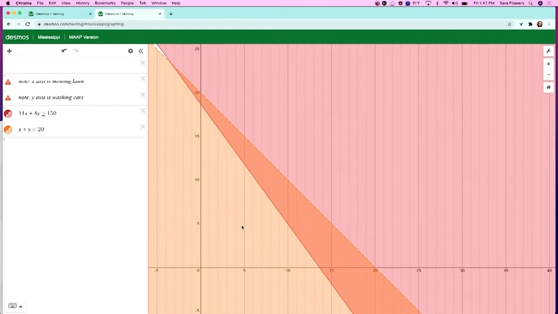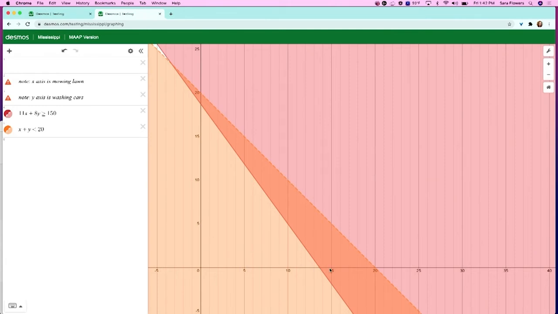But what we are trying to accomplish is the two jobs that we have, how many hours can we work at both jobs and still make that amount of money? So let's test a few things on our graph. Our x-axis is the mowing lawns, and the y-axis is our washing cars.